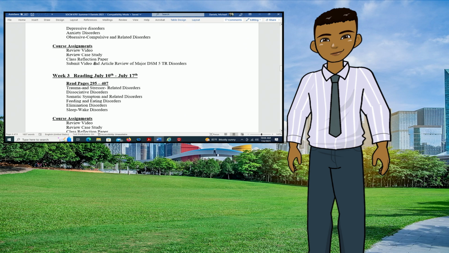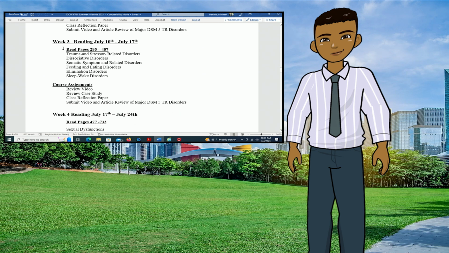The entire course follows the same format as we can see on week 3. Your readings will be pages 295 to 407, looking at those diagnostic criteria sets, because that's what you will be tested on. And again, it is very important, because in order to successfully complete this course, you must receive at least an 80% on being able to identify the specific disorders that you have read about.